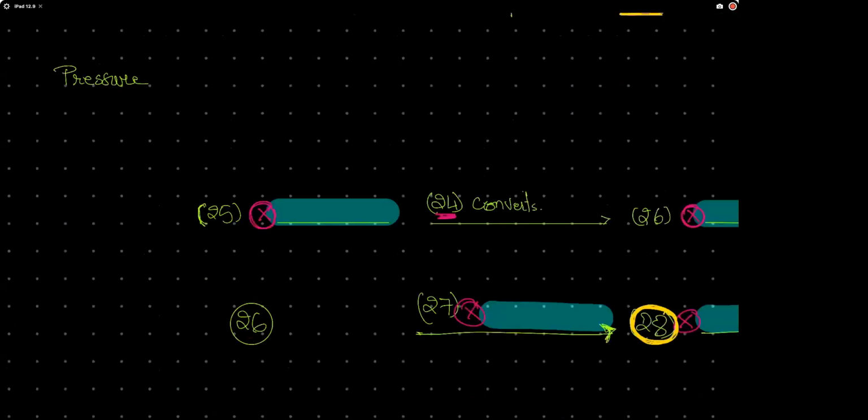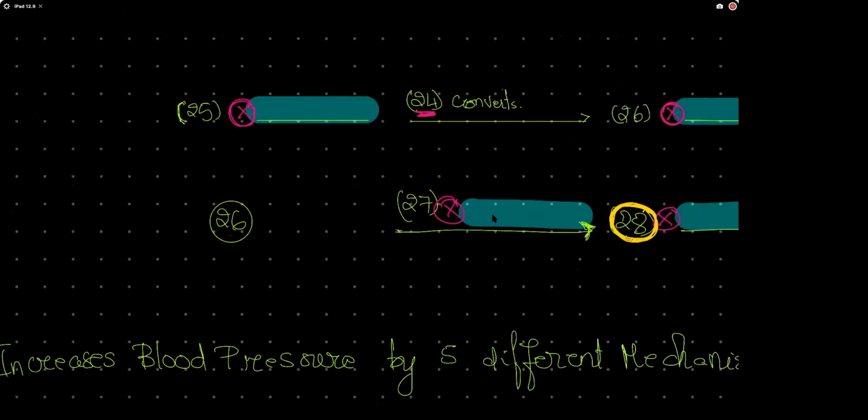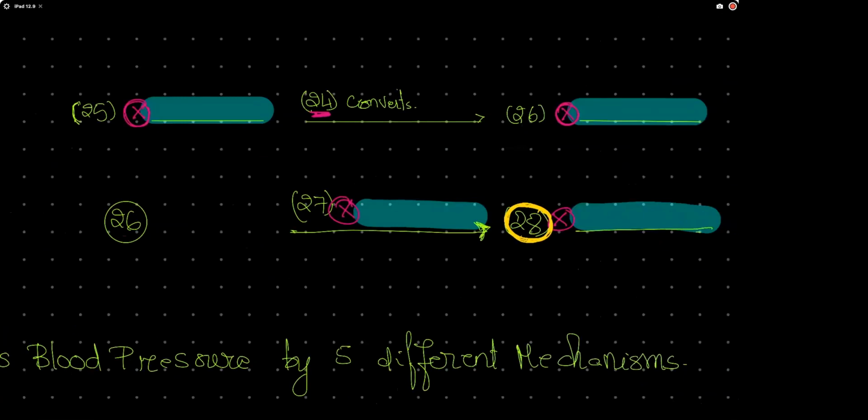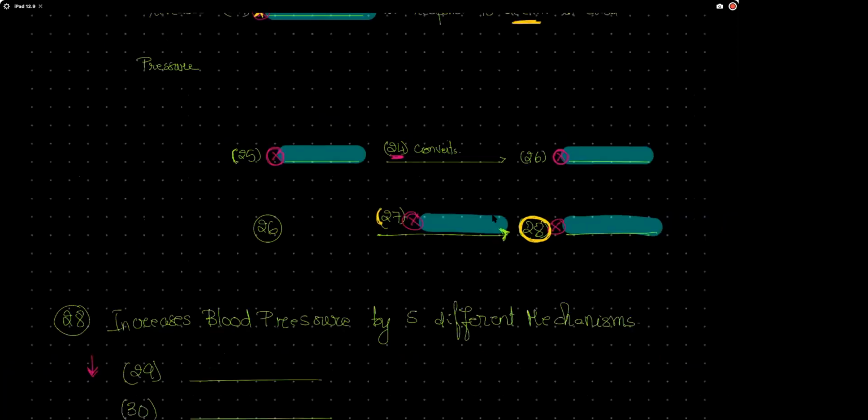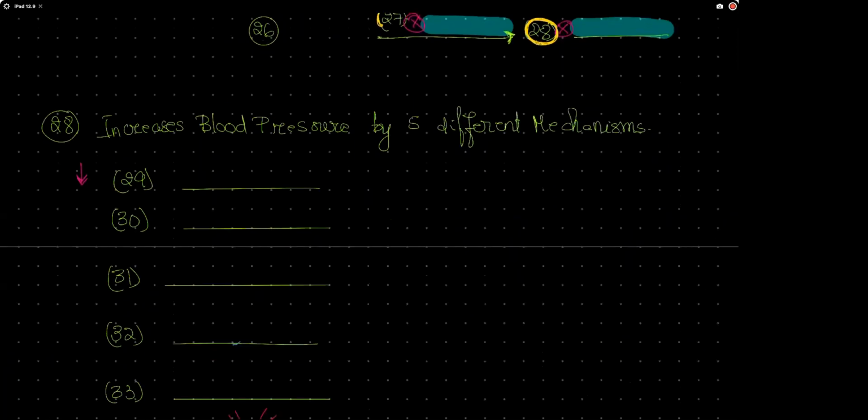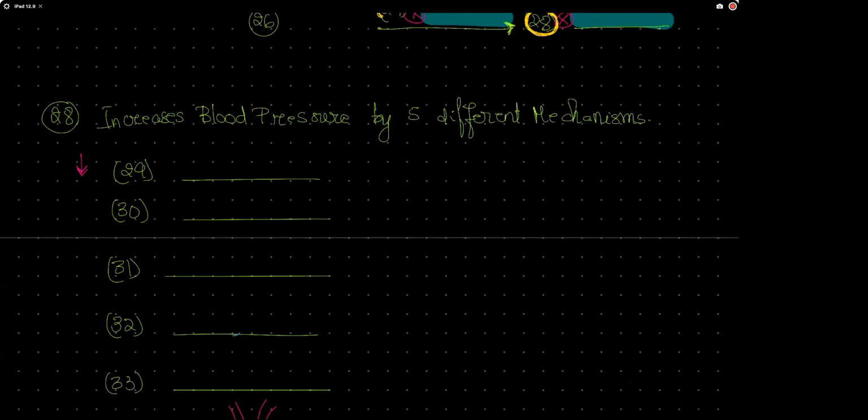This hormone doesn't increase your blood pressure directly, but it increases the blood pressure by activating a hormone into a semi-active form. So it converts 25 to 26. 26 is not fully active yet. It needs to be converted into 28 under the effect of 27. 28, here this is the effective hormone or the effective form of the hormone that increases your blood pressure by 5 different mechanisms of action.